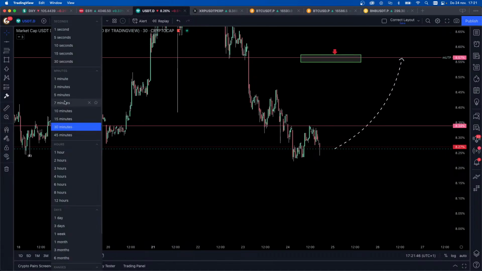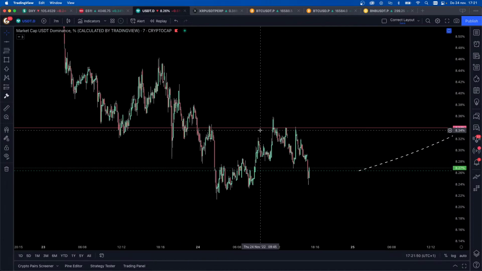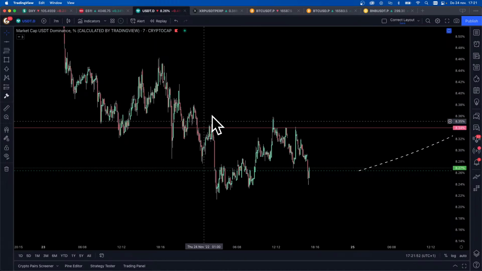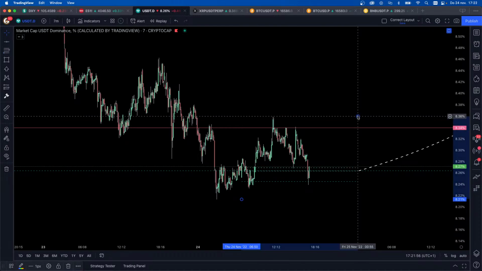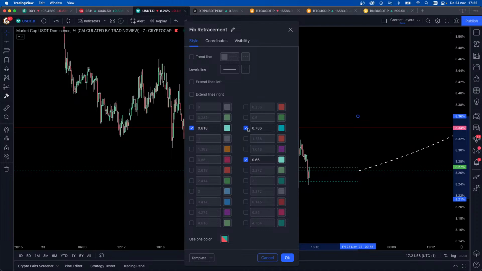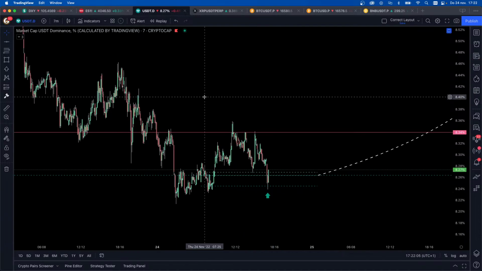So I explained what I would like to see, and it is this break of market structure, taking out the highs, and then a higher low from the fibs, which is now currently working out.